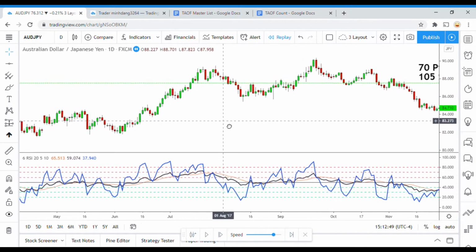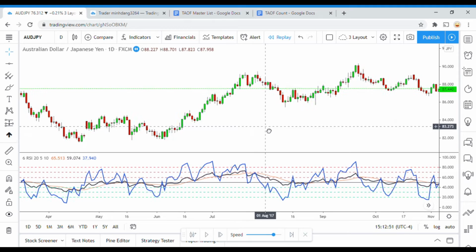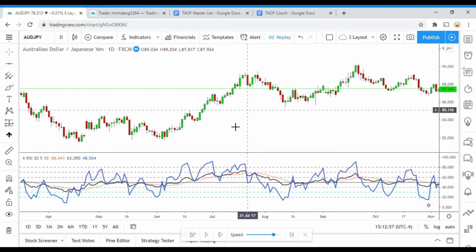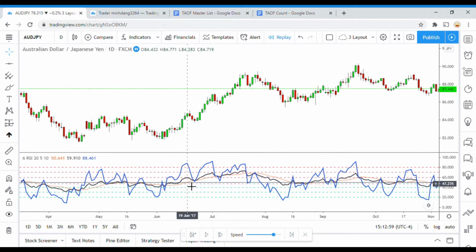But let's see if I can find an instance. So right here, for example, this whole little area right here. You can see that when the pair took off in this trend, and a lot of the times, and again, I've said this in one of my other videos, a lot of the times the markets will move in cycles, and commonly it moves in a cycle of 3.